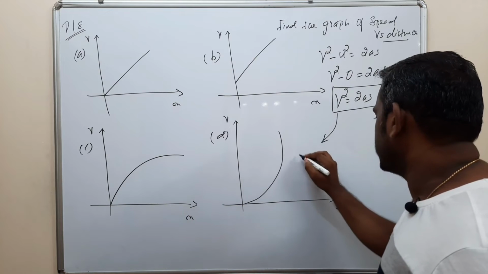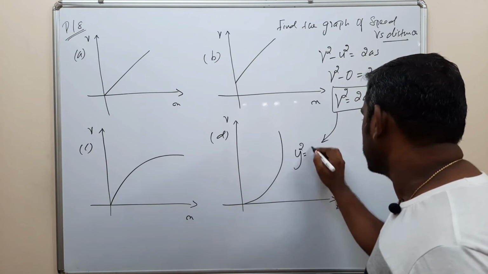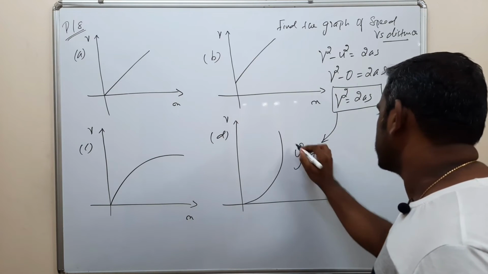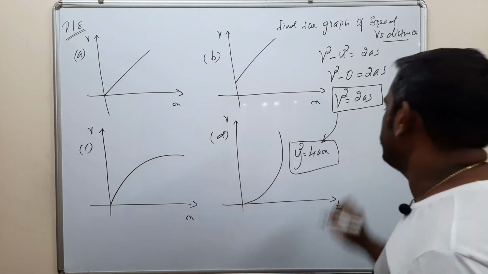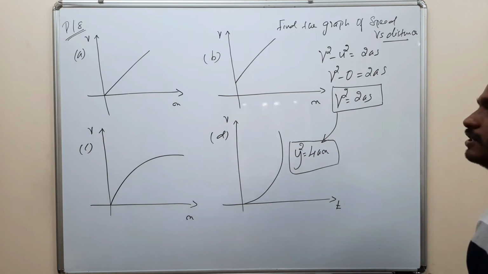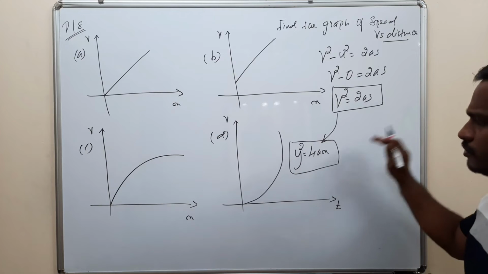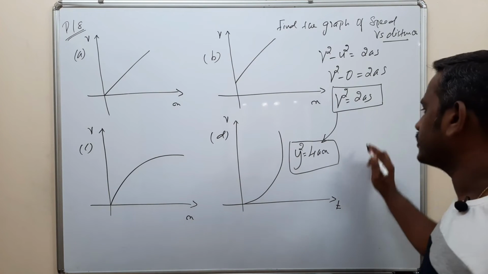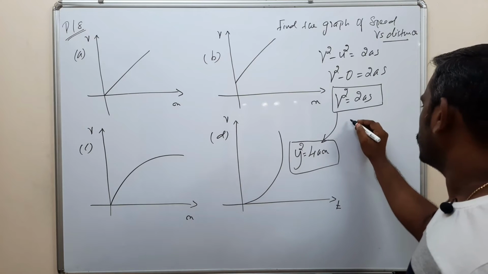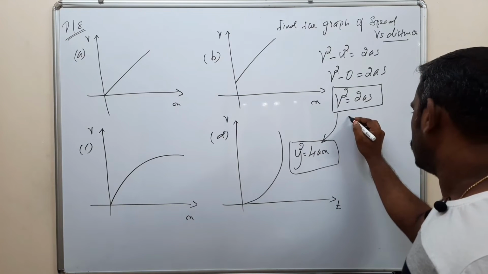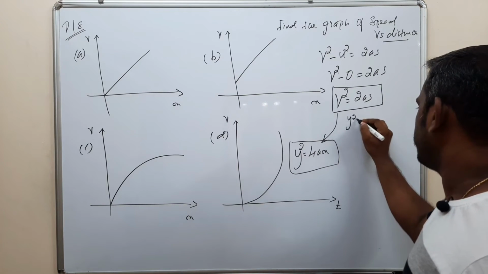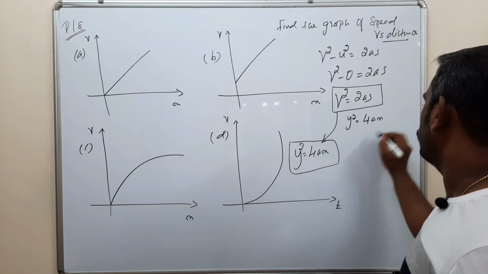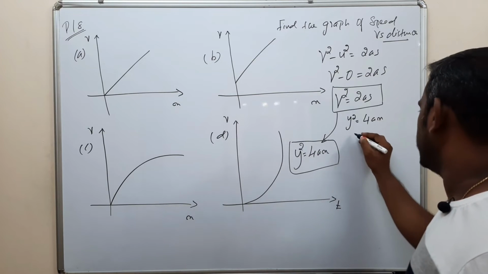So it is just like the equation y square is equal to 4ax, which is the standard equation of a parabola. We have 4 types of parabola. The first is y square is equal to 4ax.